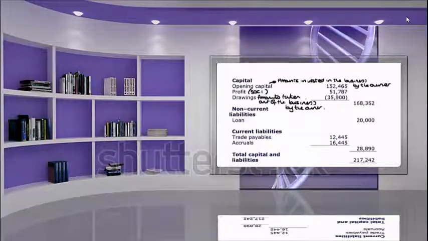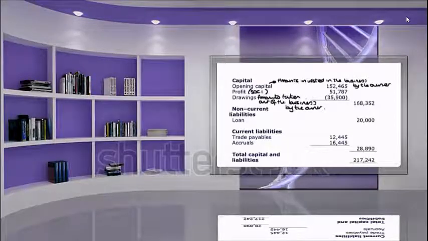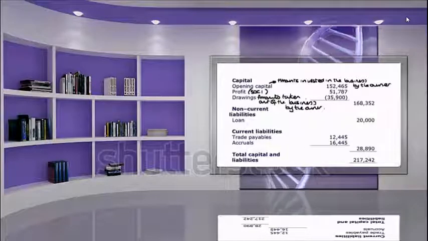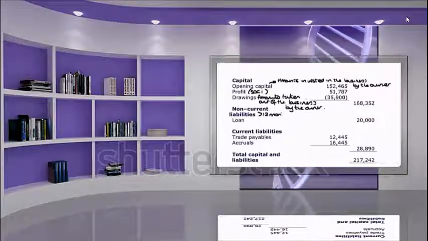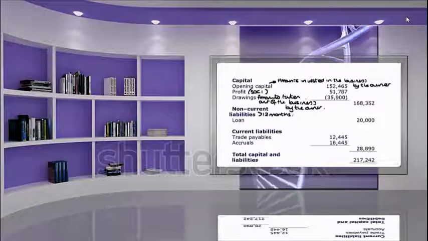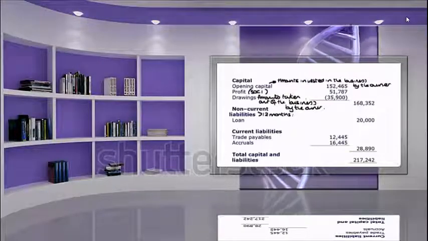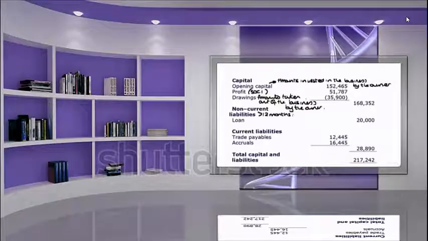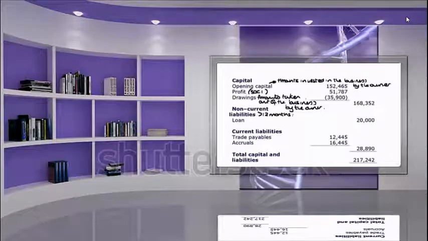That is amounts that we owe to people in a period greater than 12 months. So, obligations falling due in a period greater than 12 months, your long-term debt.